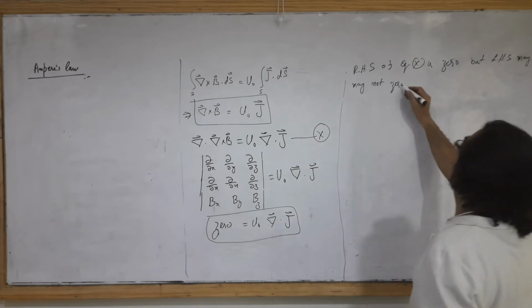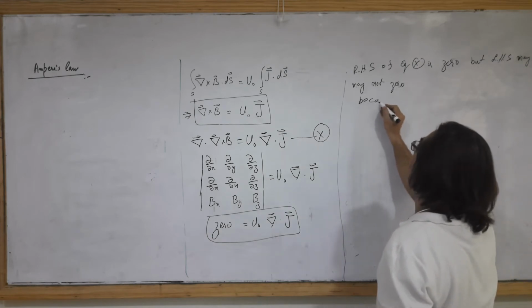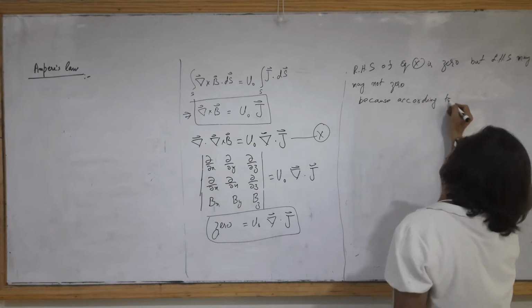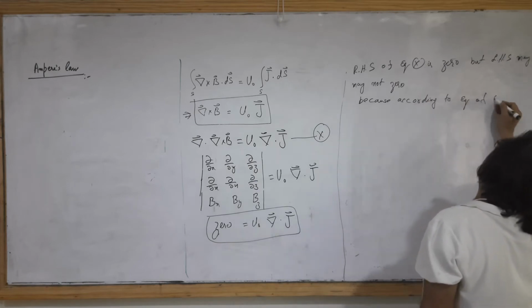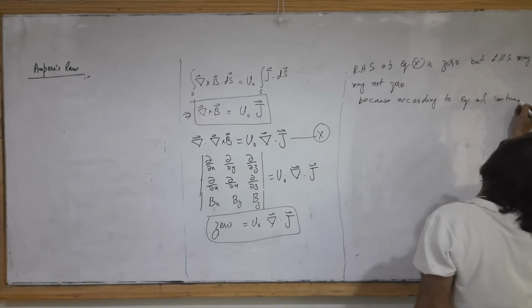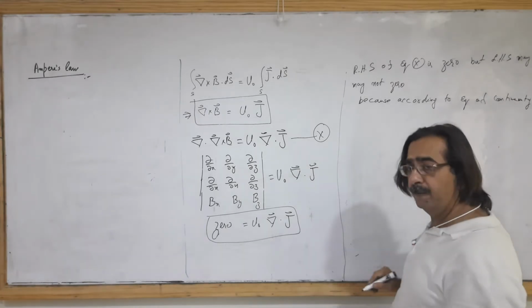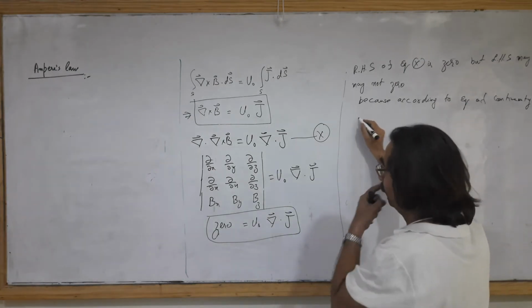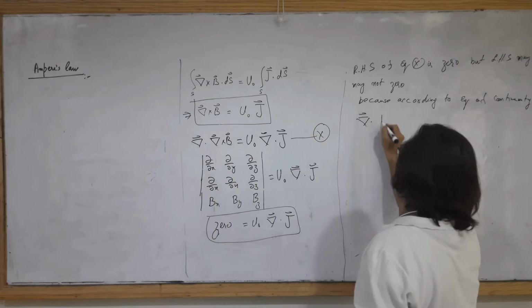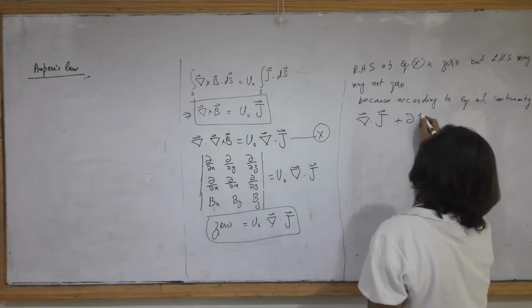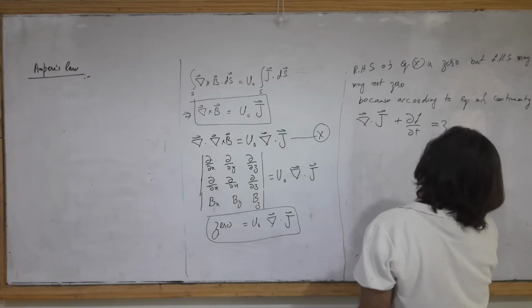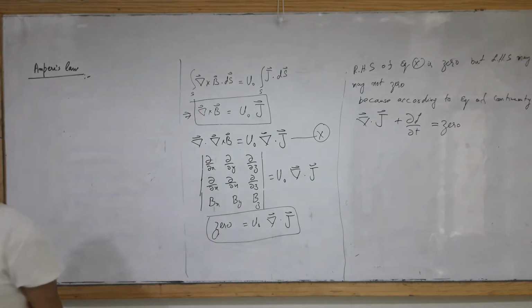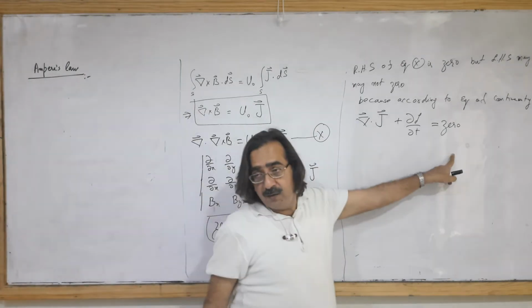Why? Because according to the equation of continuity, del dot J plus partial rho over partial t is equal to 0.